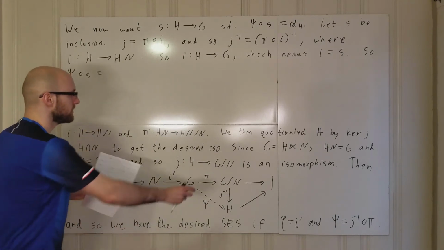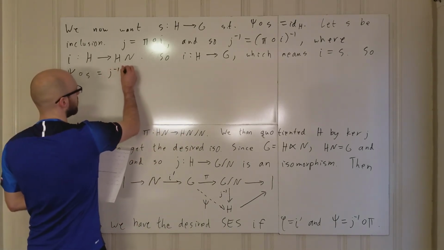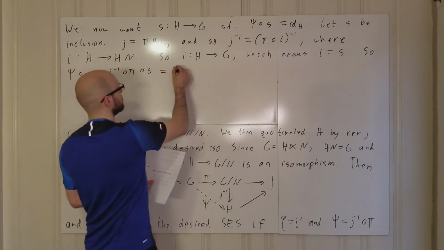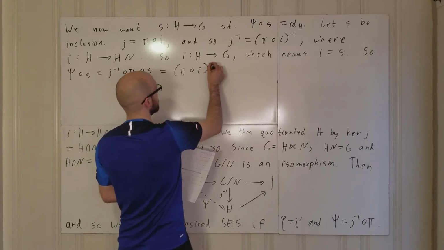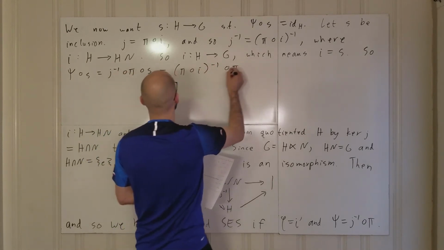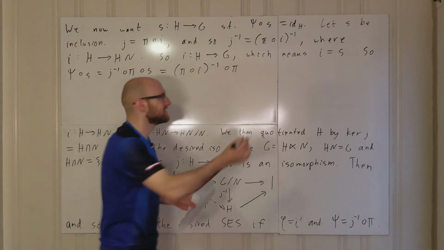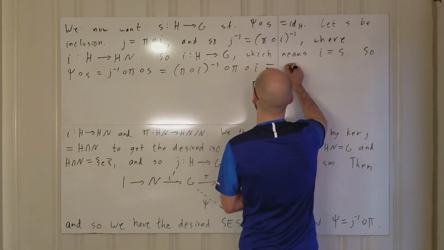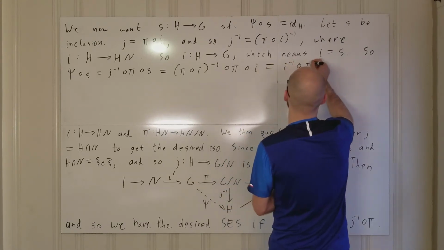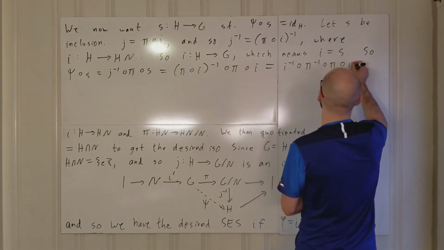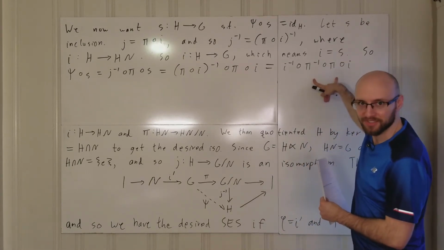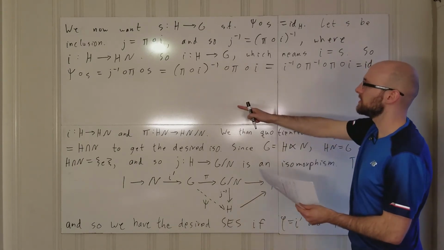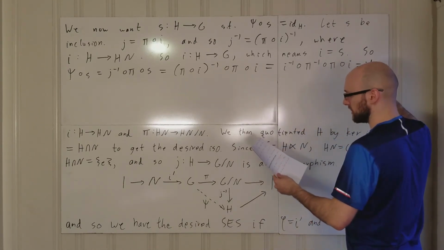So psi of S is J inverse of pi of S. Okay, but what's J inverse? J inverse is pi of I inverse, and then this composed with pi. What's S? Remember, S is I. So if you write this out, this is I inverse of pi inverse of pi of I. And so the pi's will cancel, the I's will cancel, and all we're left with is the identity map in H.